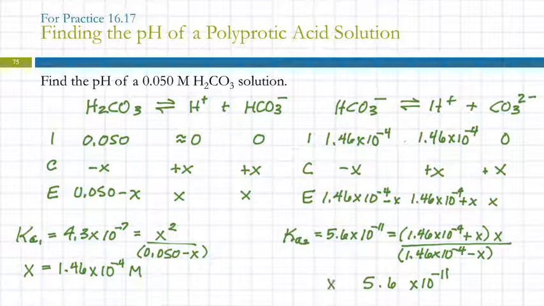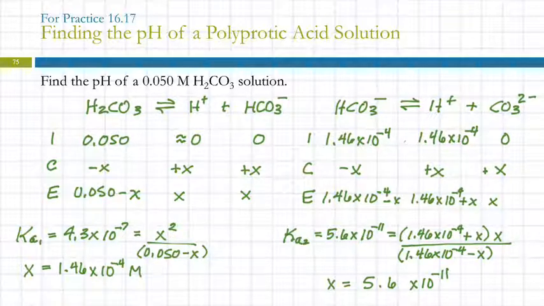So that's what our X is equal to for this second ionization. So when we're doing the pH, we would take this 1.46 times 10 to the minus 4 and add 5.6 times 10 to the minus 11. Is that going to do anything? No. The second ionization does not contribute significantly to the pH of the solution. So we did not need to do all of that, but I did it to show you that we don't need to do it.